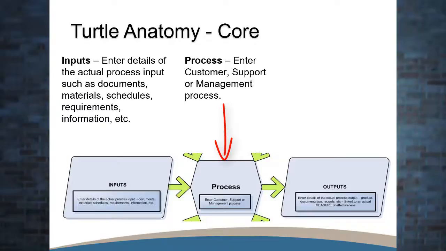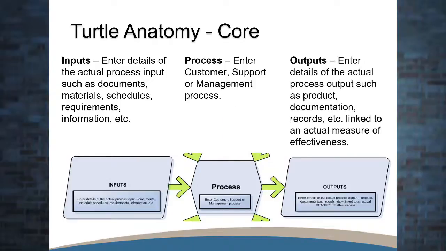For example, purchasing, if you're using a turtle diagram to define the purchasing process, then you put purchasing in this box here. And then outputs, enter details of the actual process output, such as product, documentation, records, etc., linked to an actual measure of effectiveness. And that measure we will put in the criteria box coming up here.